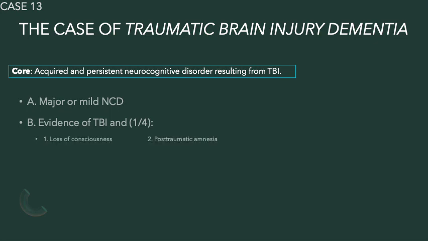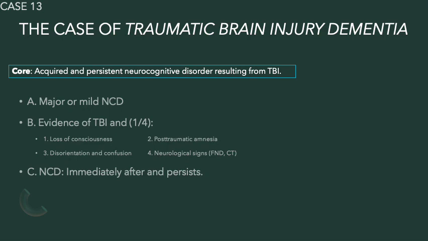Number 1, loss of consciousness. Number 2, post-traumatic amnesia. Number 3, disorientation and confusion. And number 4, neurological signs such as a focal neurological deficit or findings on CT. The neurocognitive disorder occurs immediately after the TBI and persists.